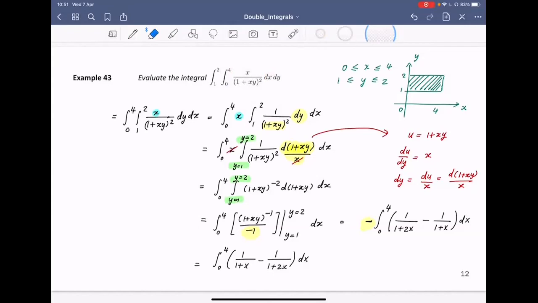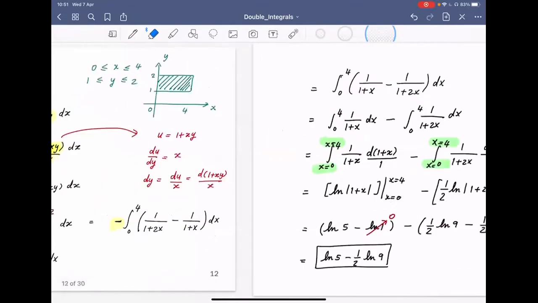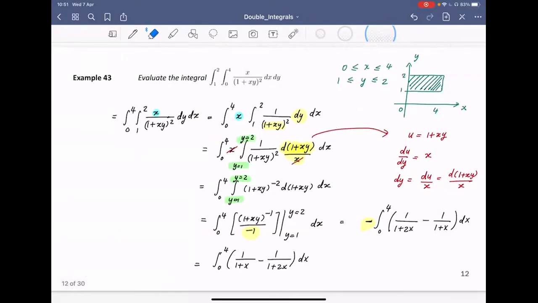So let's look at the chat here. The question from Nida: when you integrate with respect to y, don't we have to divide it by the differential of the thing inside the bracket? I don't quite understand where the problem is that you want to ask.